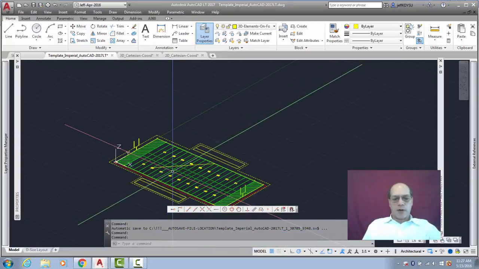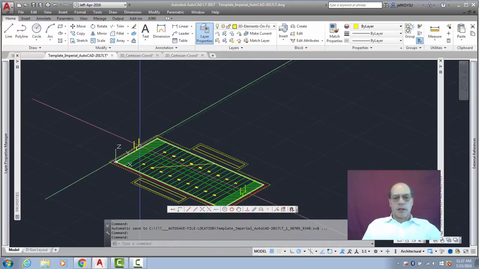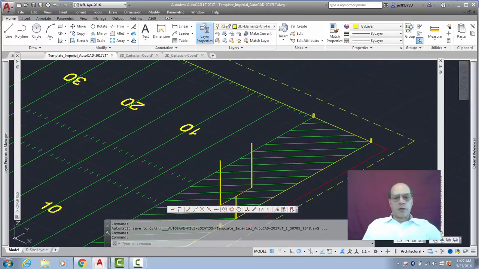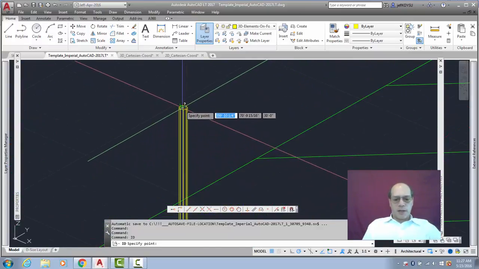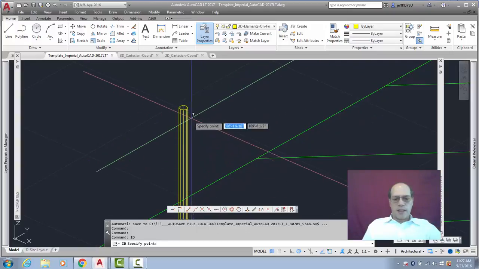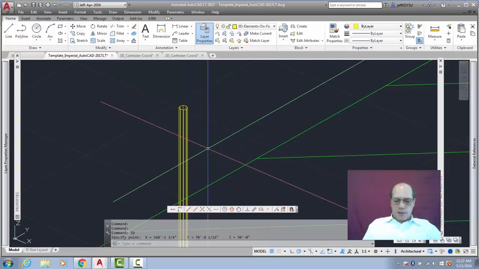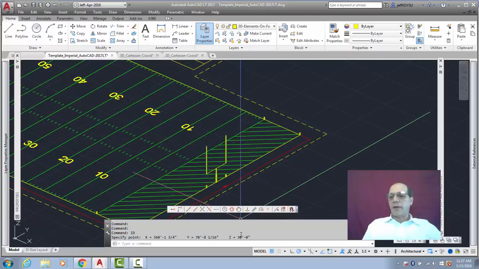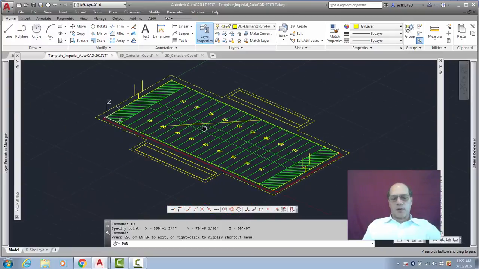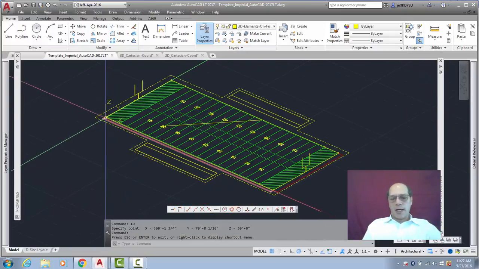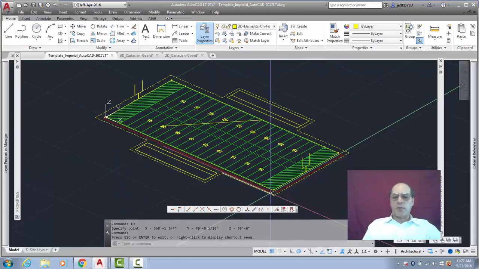So if I grab right in the middle of that goalpost, right in the center of it, it's going to tell me that I am up in the air 30 feet in the Z, because we have the distance from the corner where you begin coming down in the X over here, and then up in the Y, and then the Z will be how high up the goalpost is.